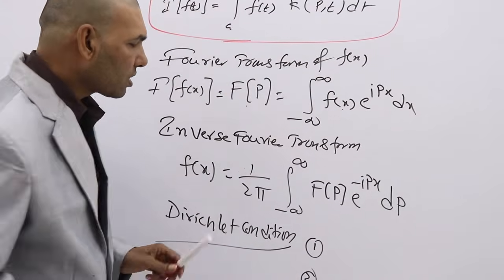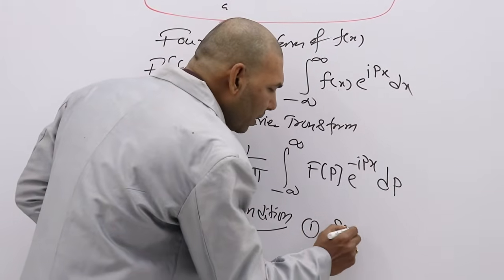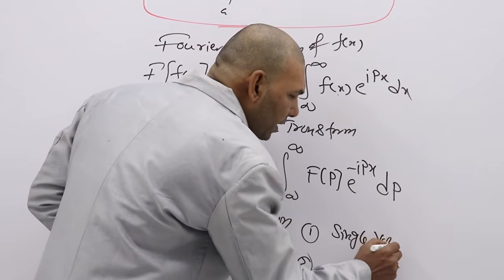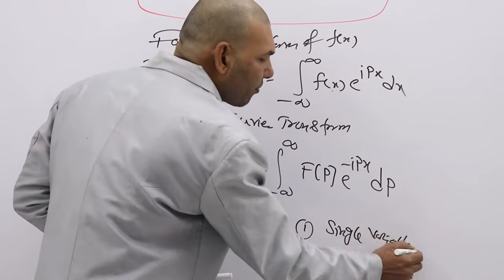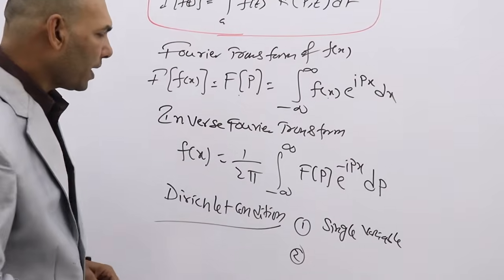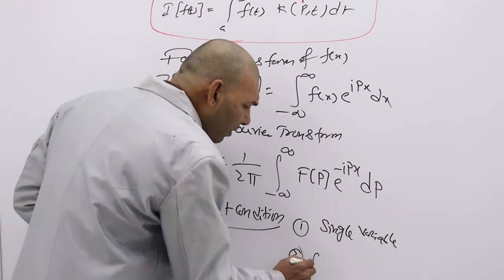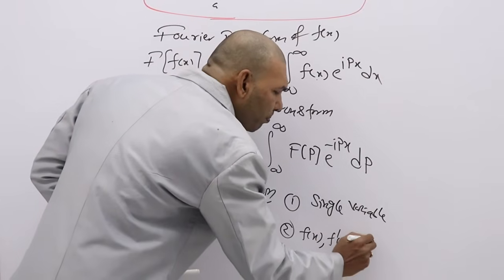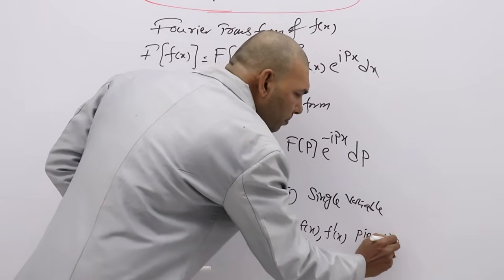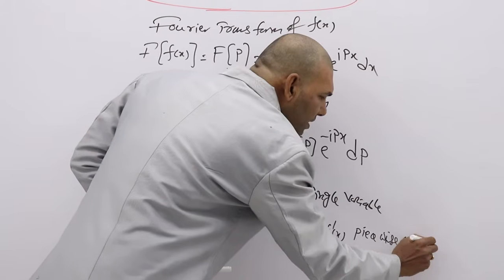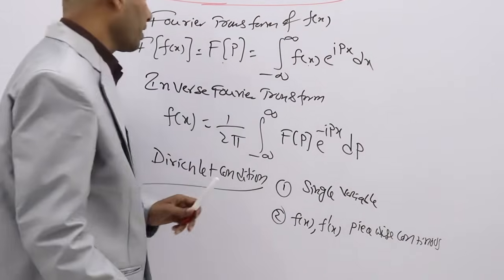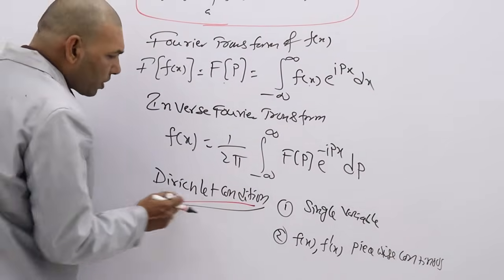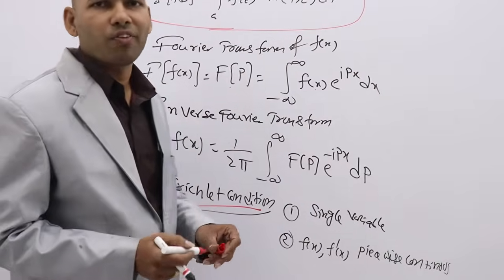One is the function should be of a single variable, that means in terms of t or in terms of x, a one variable function, and f of x and f dash of x are piecewise continuous. Then only one can easily find the Fourier transform for a given function.